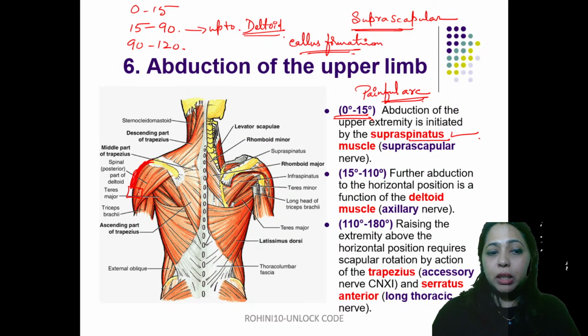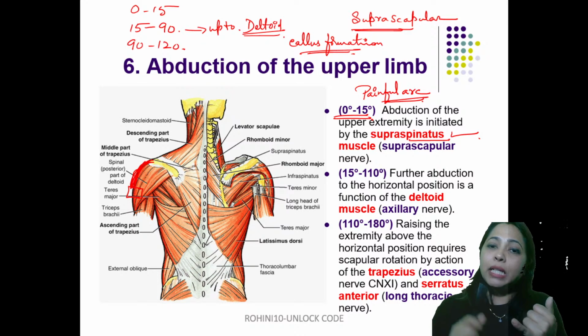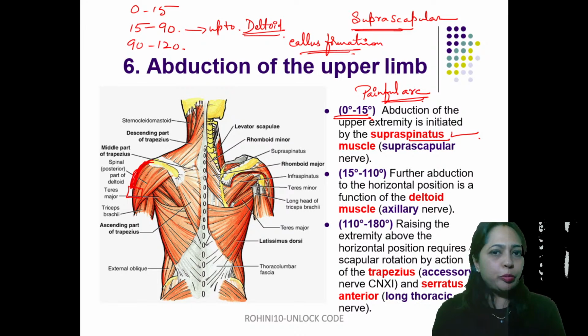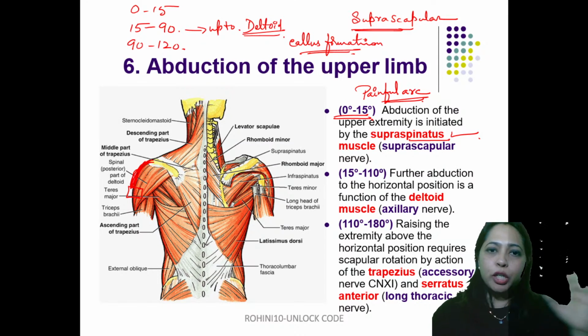So whenever there is a loss of sensation in this area, that can indicate that the axillary nerve is damaged. It can usually happen because of a fracture of the humerus near the neck, or because of inferior dislocation of the shoulder joint.